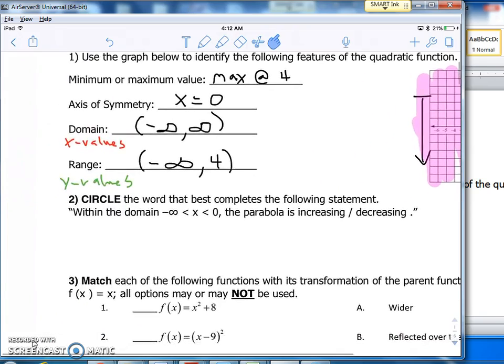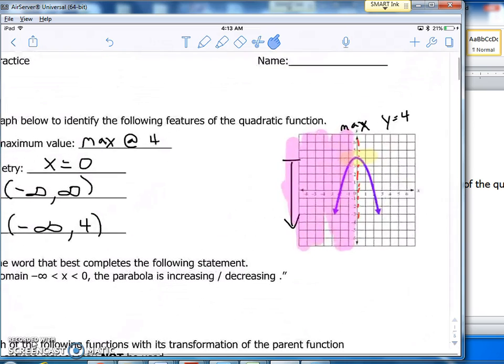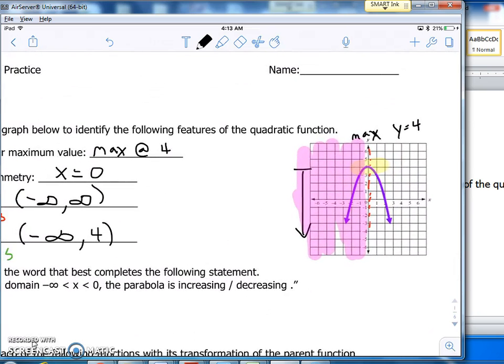So in that purple-pink highlighted area, are the y values increasing or decreasing? I'm going to start over here where my y value is way low, and what's happening to my y? The y numbers are going up and up and up and up. So since the y values are going up, we say that it is increasing. The parabola is increasing.